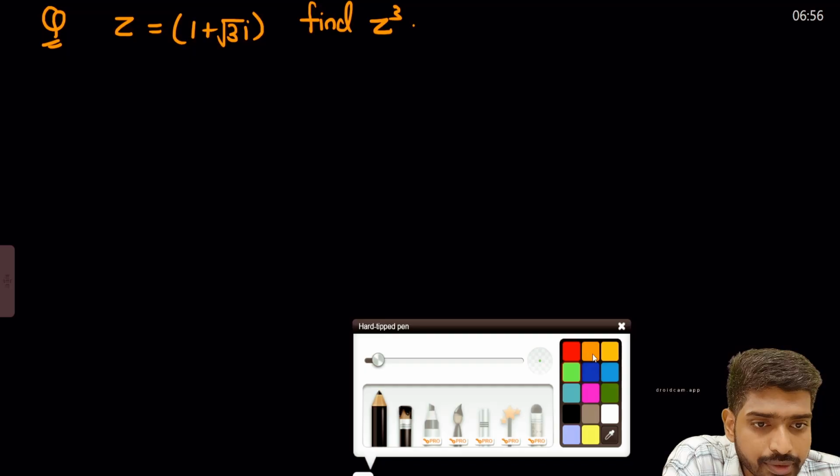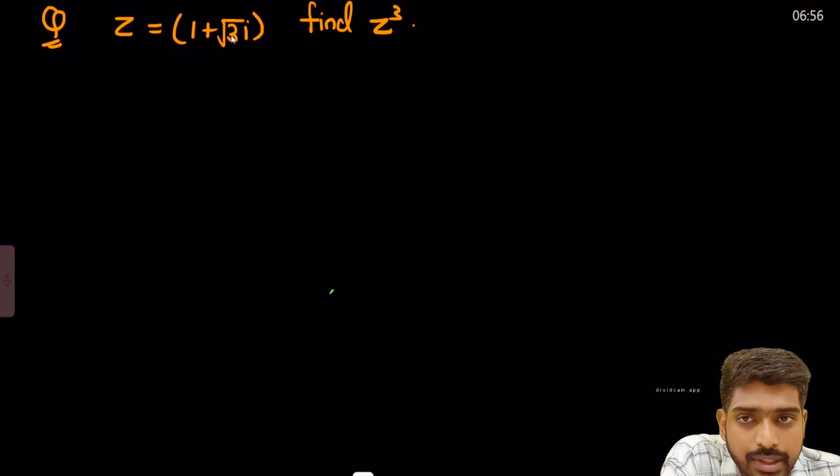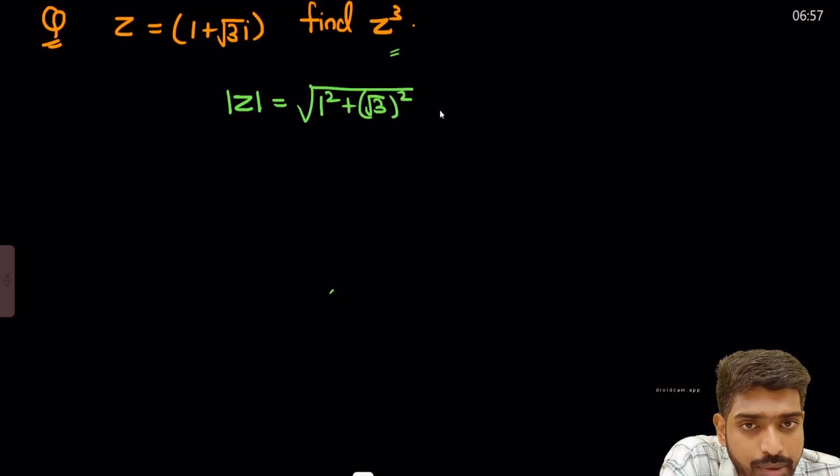First question, we'll solve this one. They have given complex number z is 1 plus root 3 iota, and they're asking for z cube, right? So first step is we'll convert this complex number into polar form. So here, first we'll calculate the magnitude of this complex number. The modulus will be under root of 1 square plus root 3 square, which is under root of 4, which will be 2.